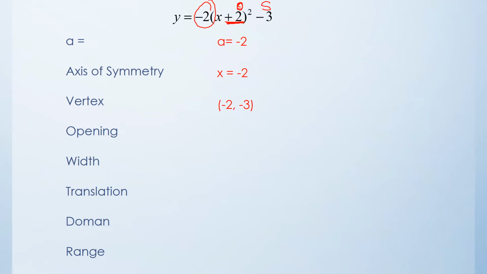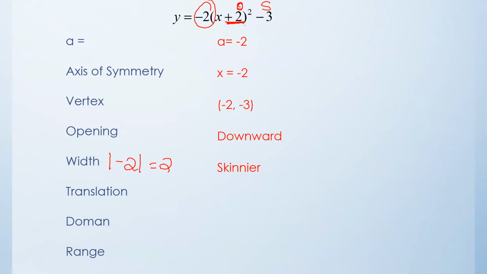I take the opposite of this number and keep this number the same. Because a is negative, it's opening downward. Because the absolute value of -2 is 2, and if the absolute value is greater than 1, then it's going to be skinnier.